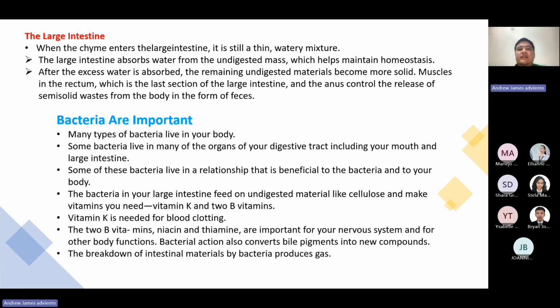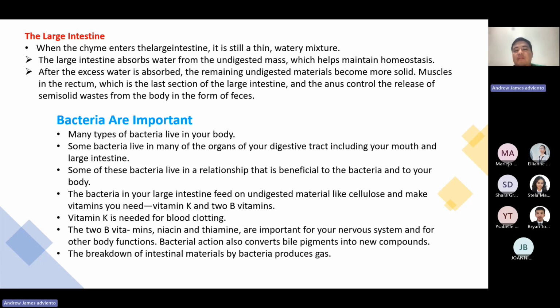Large intestine, this is where water is reabsorbed, and in this part of our digestive tract, it actually contains many bacteria, and these bacteria are very important.